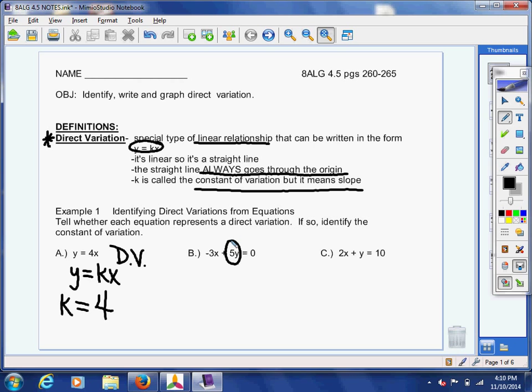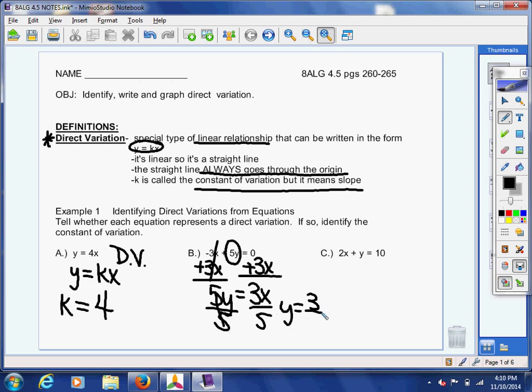We want to move negative 3x over to the other side. So if you said, let's add 3x to each side, you are correct. Now, 0 plus 3x is 3x. And then last step, get y by itself, divide each side by 5. And you've got y equals 3/5 x.